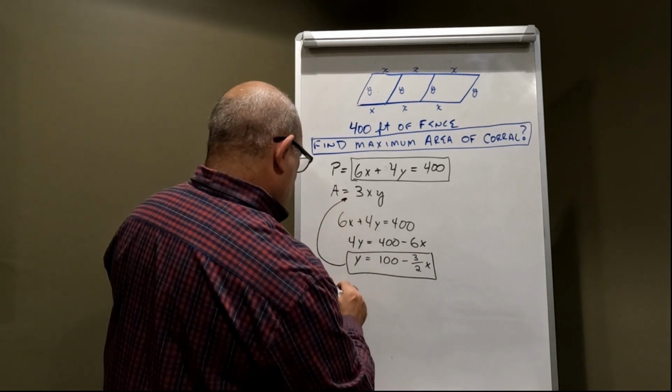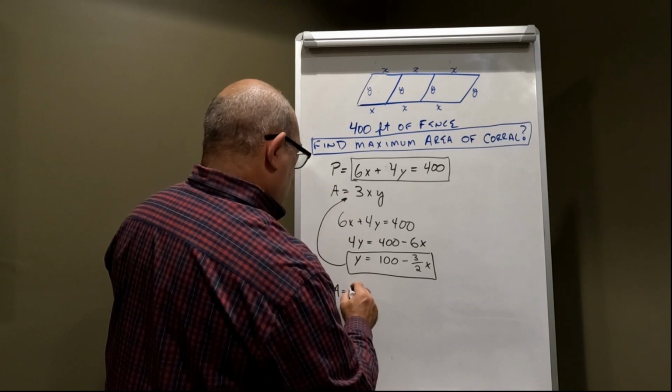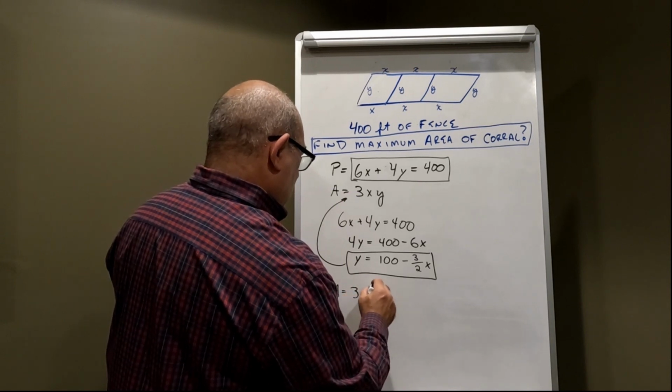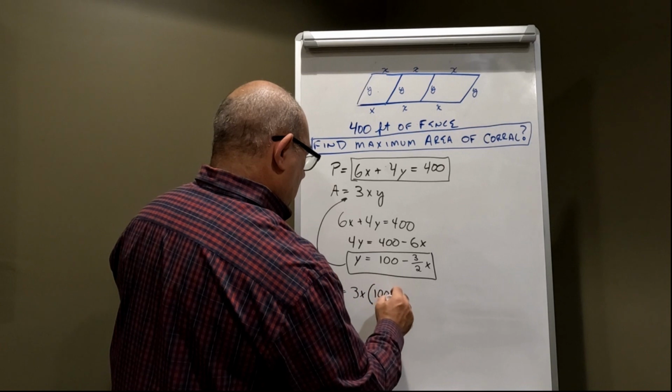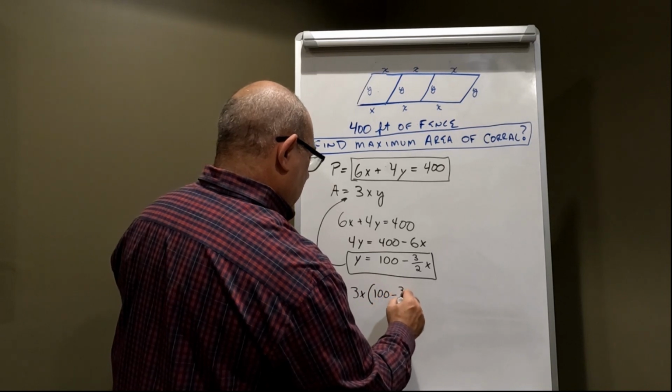And so we have A equals 3x times 100 minus 3 halves x.